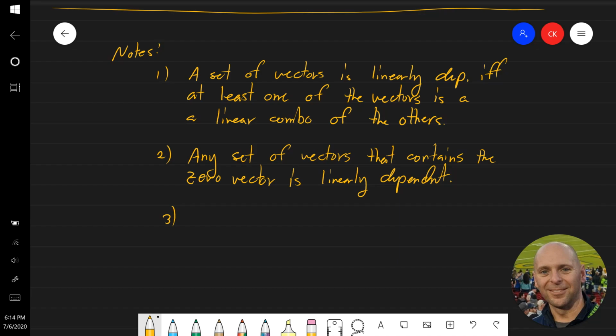And the third note, which we already showed: the unit vectors are linearly independent. We showed that for the case of R3, where we had E1, E2, and E3, but it would be true for unit vectors in any n-dimensional space. So those are the last of the notes. There's a problem or two here for you to practice some of those concepts on and see how that goes.